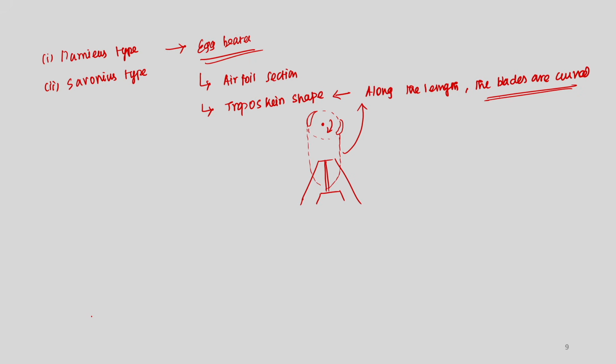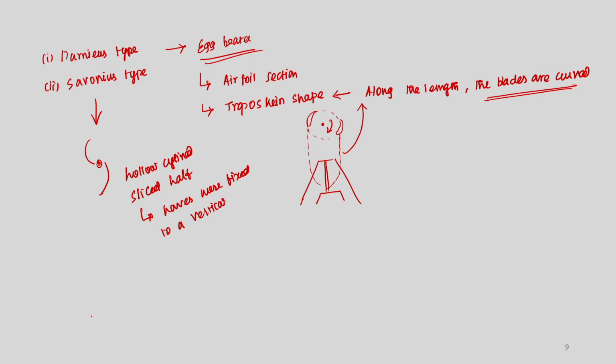And the next one is Savonius type, right. So, it is of this shape, right, S shape, but two halves of the hollow cylinders. So, this is hollow cylinder sliced half and all halves were fixed to a vertical axis.